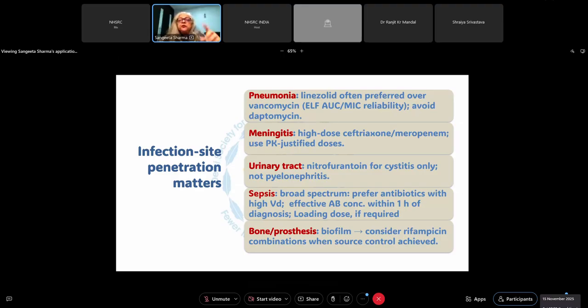This happens because usually we forget to take these samples, and the patient has already received the antibiotic. Once it is given, you will not grow anything. So be careful about it. You have to start early with antibiotics in sepsis, but remember to draw samples before giving the first dose. So here comes the role of nurses, because they are the ones who administer the antibiotic, so they can assure that the sample is taken before the first dose.